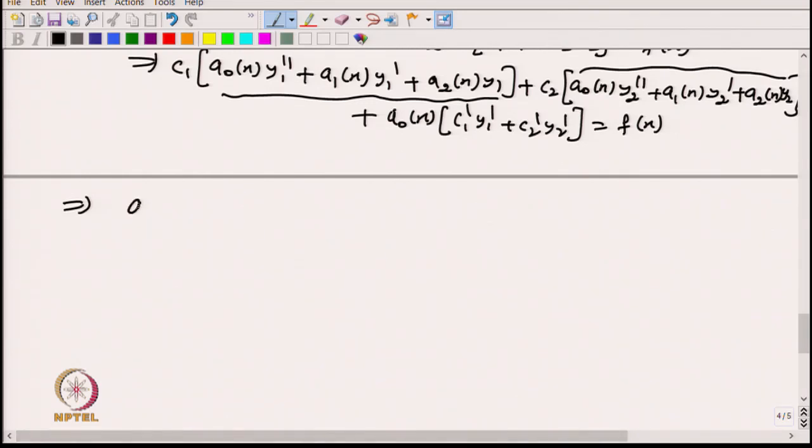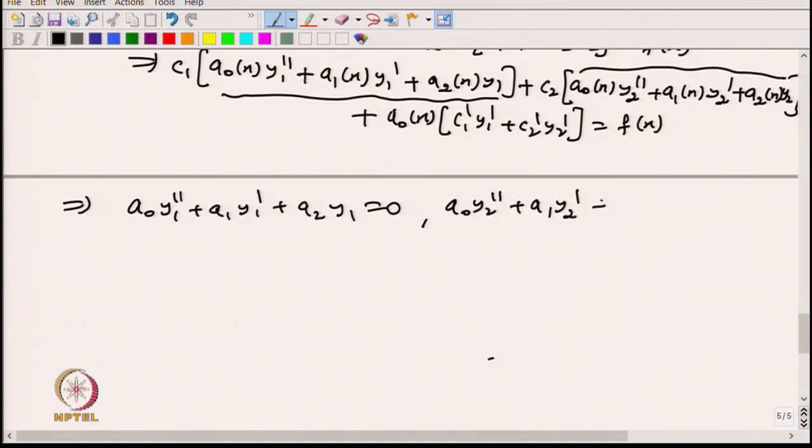It means that a0 y1'' plus a1 y1' plus a2 y1 is 0, because that is the solution of the homogeneous part. Similarly, a0 y2'' plus a1 y2' plus a2 y2 is also equal to 0. So I will put this part equal to 0 and this part equal to 0.